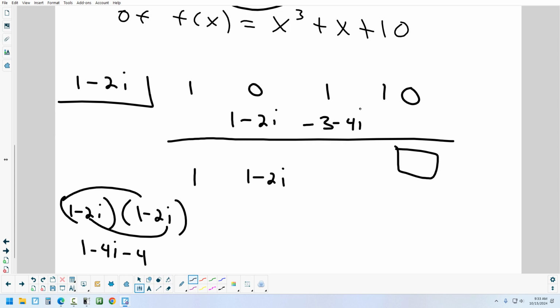Add that to what you have above and put the answer in the bottom of the third column. So what do we get when we add that column up? Yeah, negative 2 minus 4i. Negative 2 minus 4i. All right.